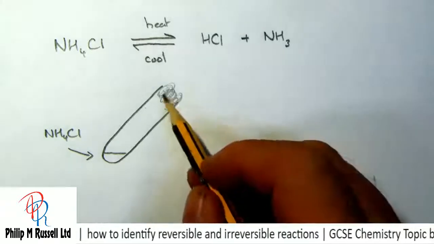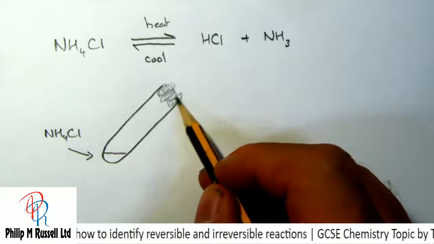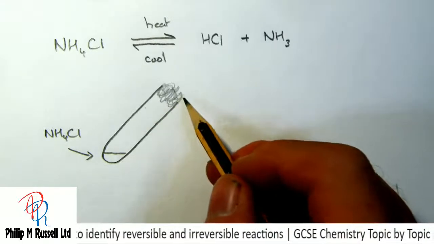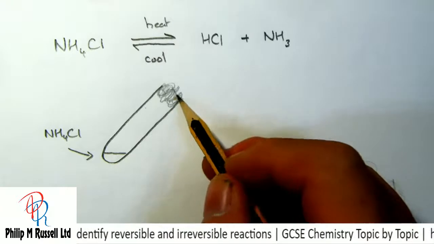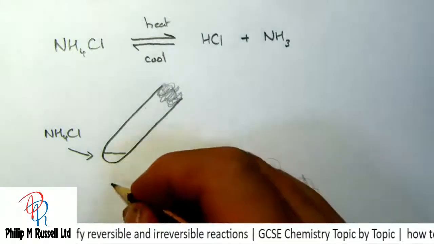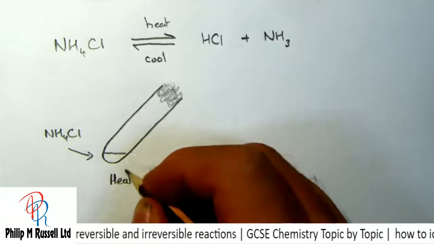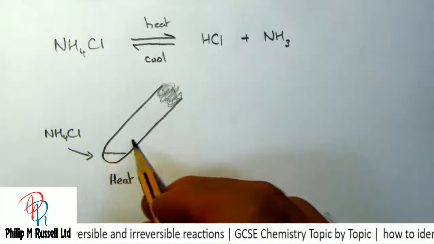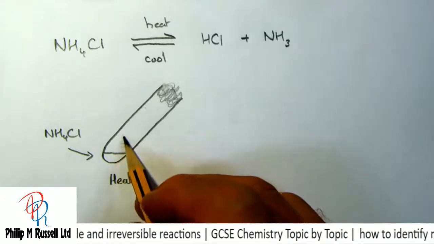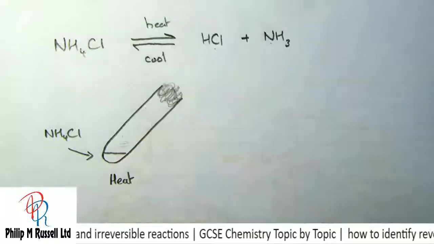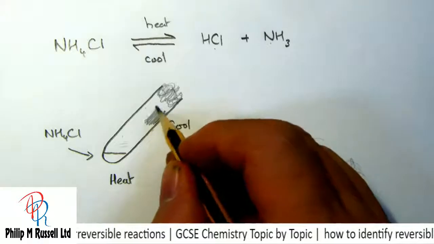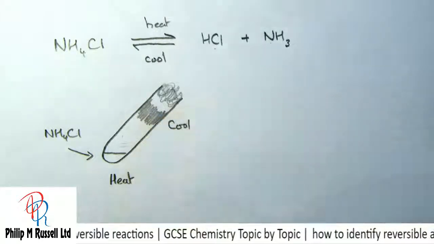The point of using mineral wool rather than something like cotton wool is that it allows gases to go in and out, but cotton wool would tend to catch fire, whereas the mineral wool won't. As I supply some heat here, we're going to see really nothing happening because we're going to get two clear gases, but as it cools we should see the solid forming again.